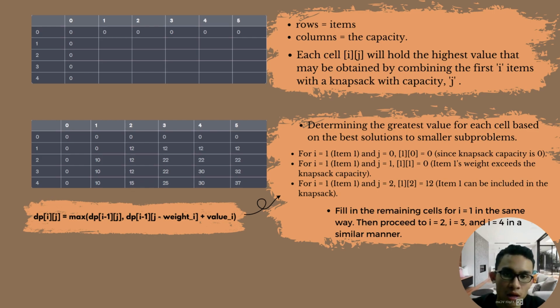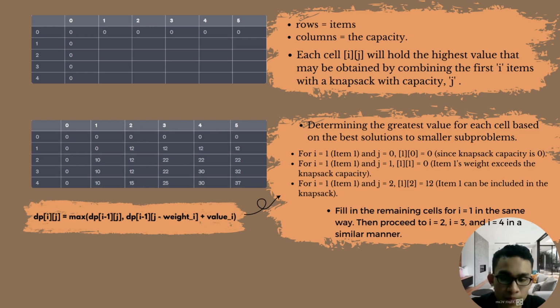Each cell, with I as the row and J as the column, will hold the highest value that may be obtained by combining the first I items with a knapsack of capacity J. Next is determining the greatest value for each cell based on the best solutions to smaller sub-problems. On the left side is the formula used for dynamic programming.